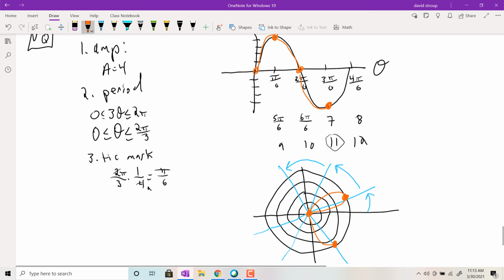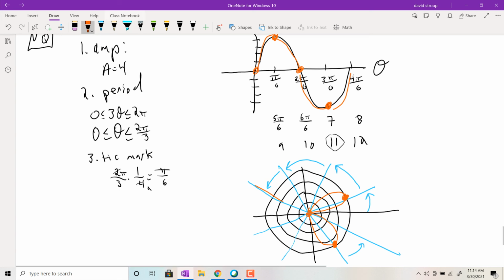And then from 3 pi over 6 to 4 pi over 6, oops, I'll put these in blue, 4 pi over 6 right there. From here to here, we're on the negative side, so you're kind of thinking you're over here, really. So it's going to go from negative 4 back to 0. And you can see that on the plot up here. It just takes a little bit of practice. Once you practice it enough, hopefully it'll be kind of intuitive the way it's working.